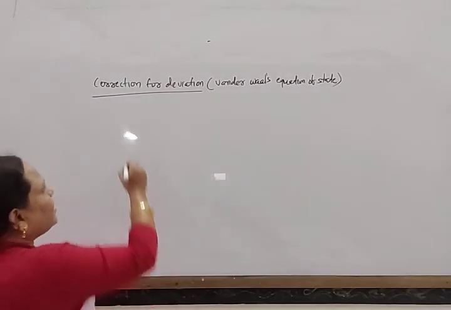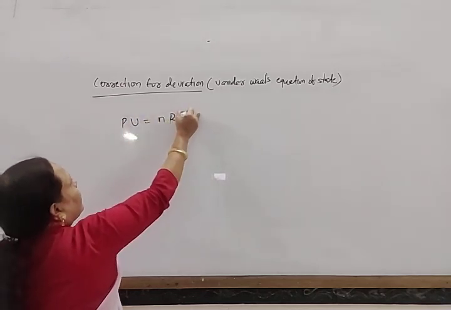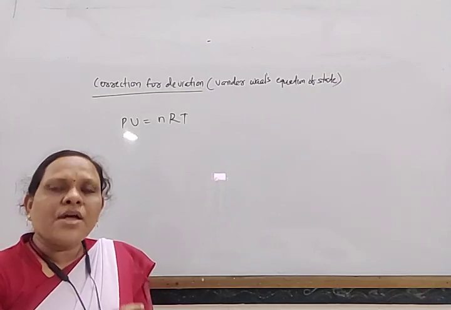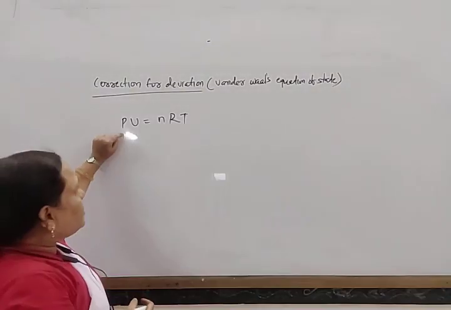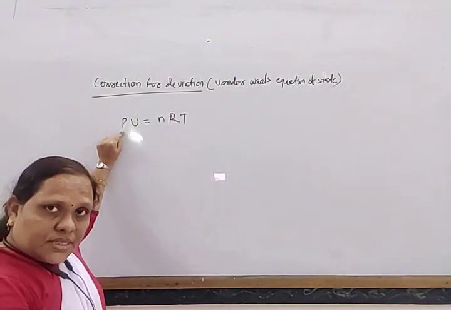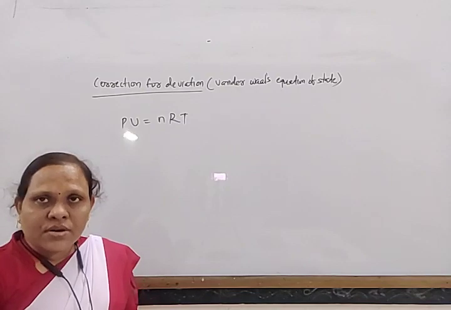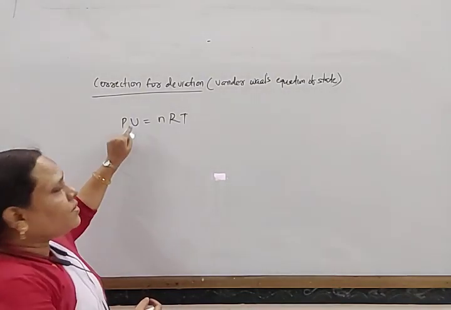We know that the ideal gas equation is PV equal to nRT. Due to intermolecular force of attraction, the pressure is different, so we made a correction in the pressure term. As the molecular volume is not negligible compared to the total volume, we also corrected the volume term.